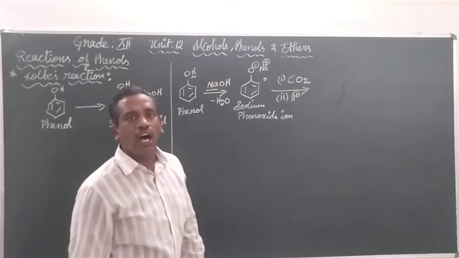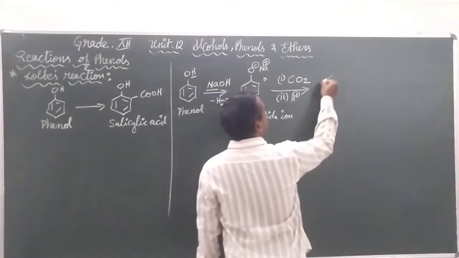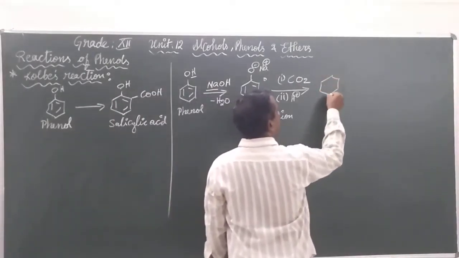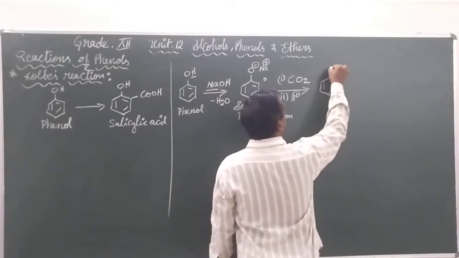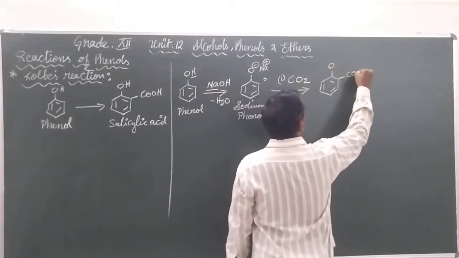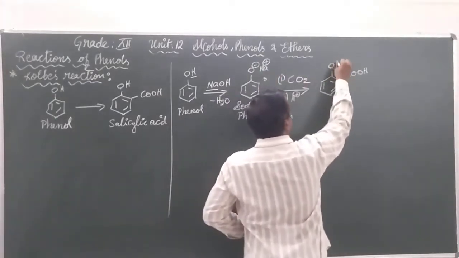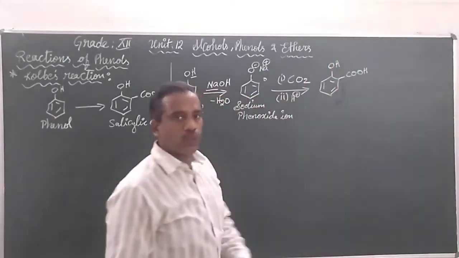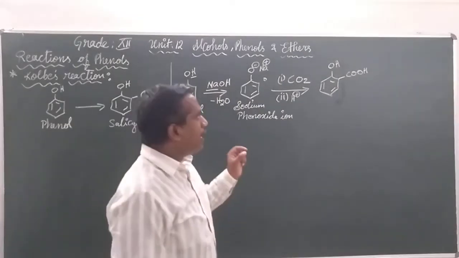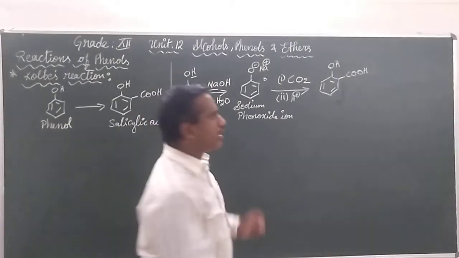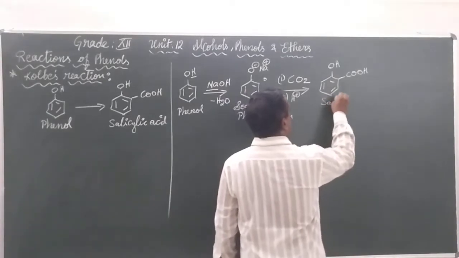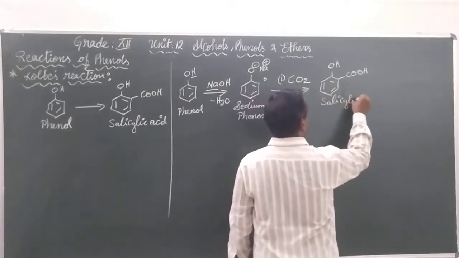Which position? Ortho position. So let us see. It forms COOH, and the acidic medium reaction will displace the sodium on the sodium phenoxide ion. Now, what is the product we got? It is called salicylic acid.